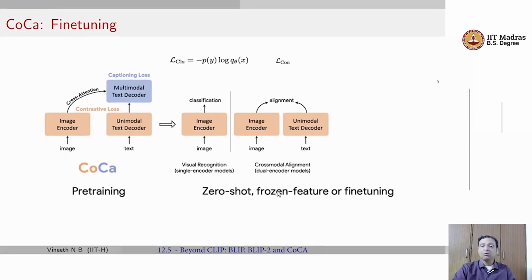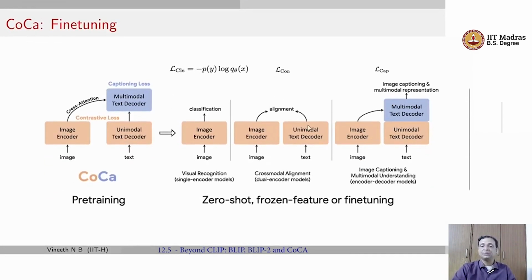It can be used for a cross-modal alignment kind of task. In this particular case, it was just an image encoder which is used for image classification. They show now that you could just use these two trained components and align the text and images, and that is trained using a contrastive loss. And they also show that you could put all of them together and then train using the captioning loss, right? So you can serve multiple purposes through the same approach.